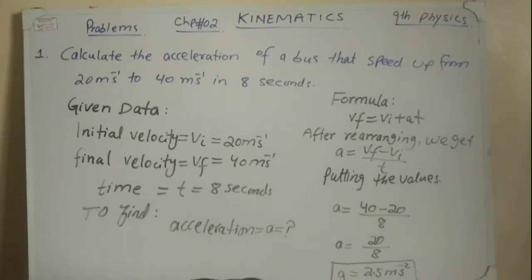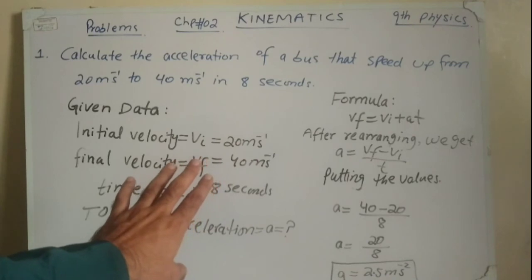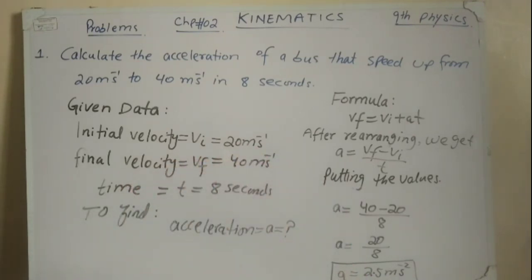So that is 2.5 meter per second square. Why have we written meter per second square over there? Because the unit of acceleration is meter per second square, and it is the SI unit. So the answer also must be in SI units. Is it clear? When the data is in SI units, the answer must be in SI units. That's a very important part of numerical.